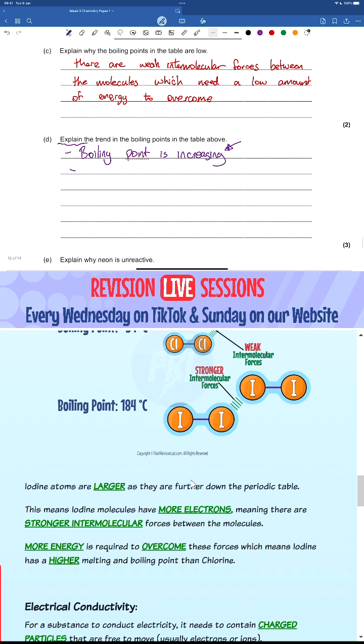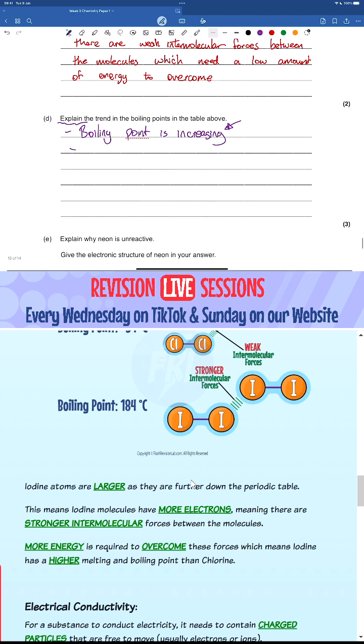So boiling point is increasing. Why? Because molecules get larger down the group. Next mark. What's the next mark? Let's see if anyone said it. Atoms are larger, they contain more electron shells.